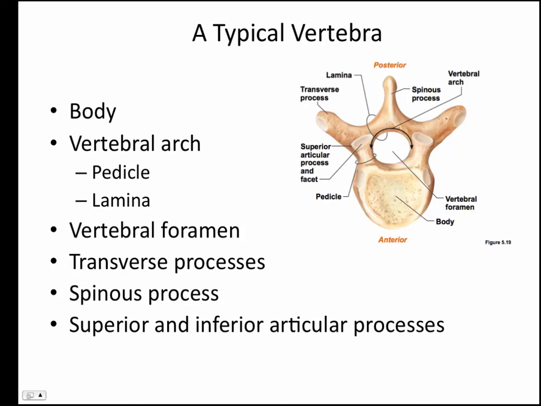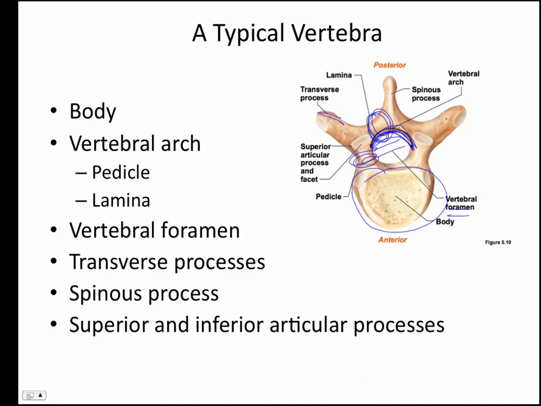Now let's look at a typical vertebra. And so we'll notice that it's composed of several things. So even though the structures of the cervical, lumbar, thoracic, and sacral coccyx regions are all different, they have this general structure here. So we have a body, we have a vertebral arch, and this is broken down to our pedicle and our lamina. We have our vertebral foramen, which is a hole.